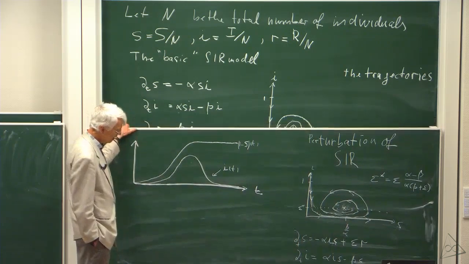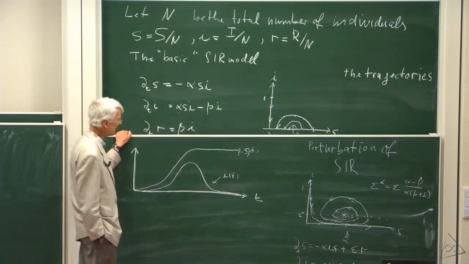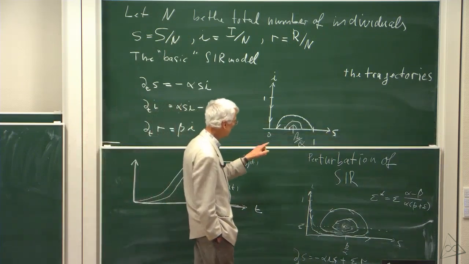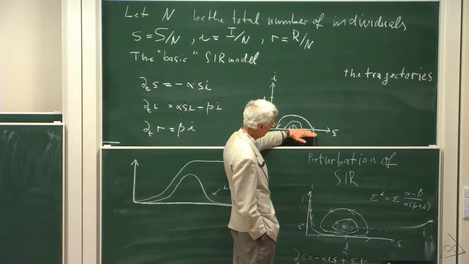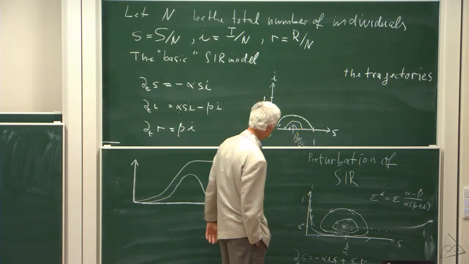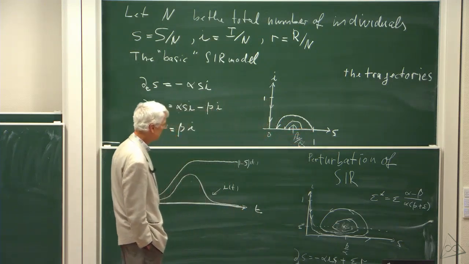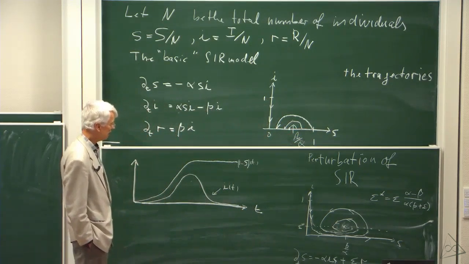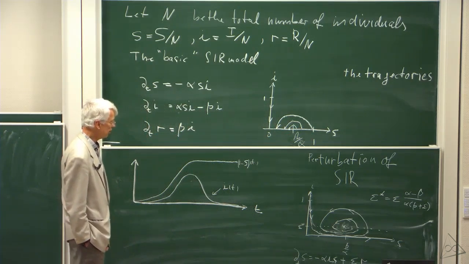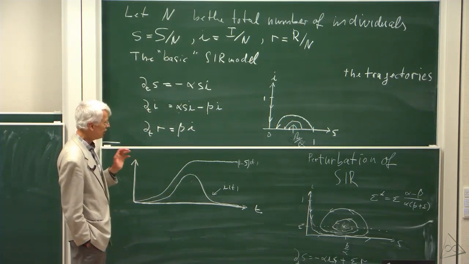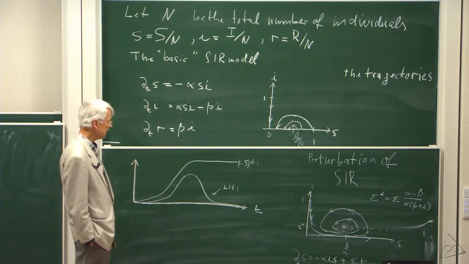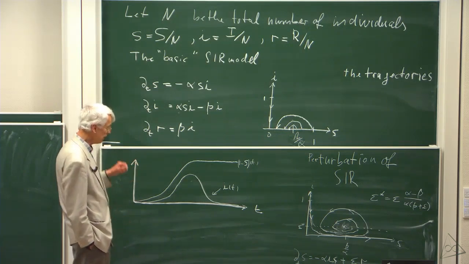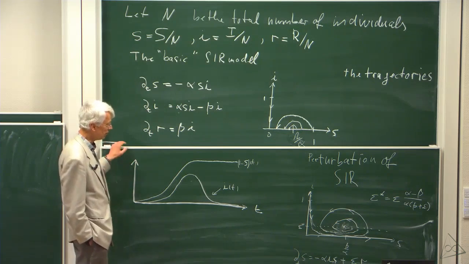Now, in other words, we are somewhere here on the curve with a fairly high, let's say, level of immunization. And I will argue that this level of immunization here in Germany should be something like maybe 5% or so.